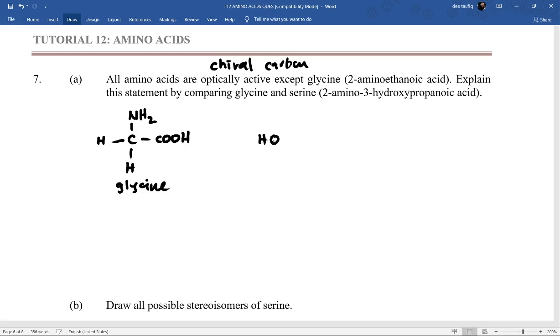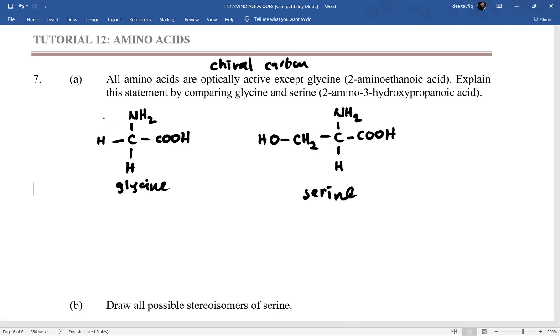So OH, carbon ketiga CH2, carbon kedua kita ada CH and H2. This one COOH. This is serine.